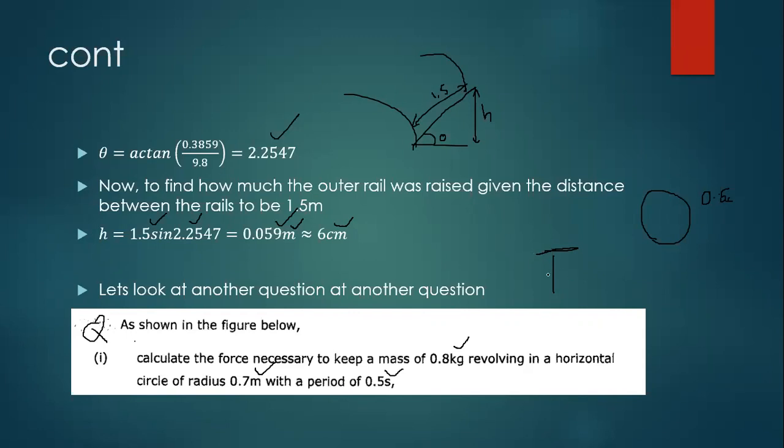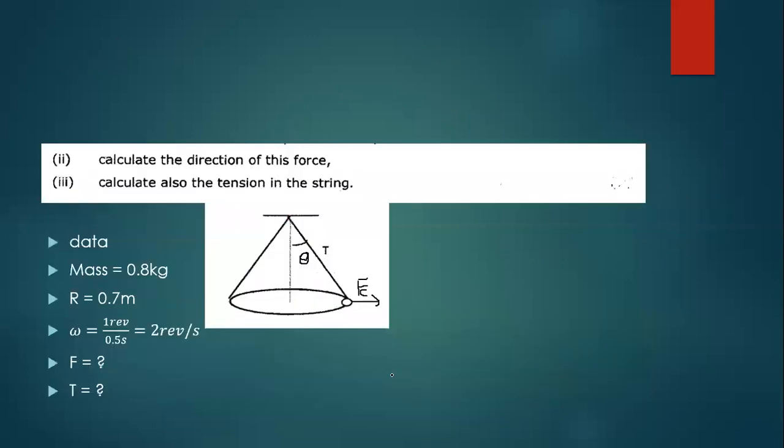So it's the time taken to complete one revolution, and that's our period. Our frequency is, of course, 1 over the period. Now, from this information, knowing that we have 0.5 as our period, what can we do? So we have our mass in our data, 0.8. We have the radius of this circular path, 0.7.